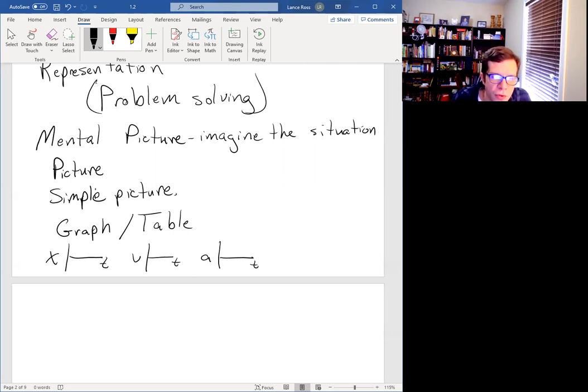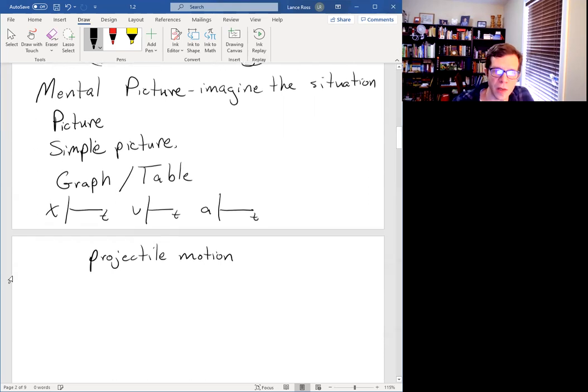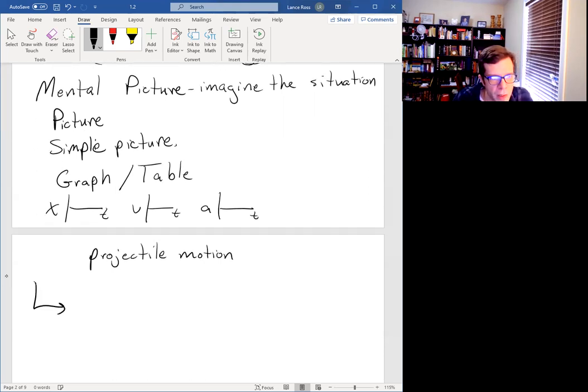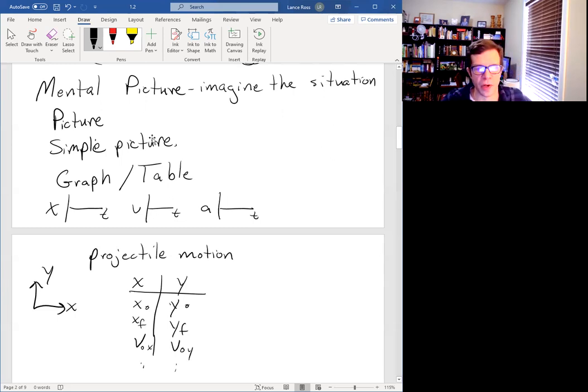When we do projectile motion, we're going to have something moving in 2 dimensions, right? So we may consider an XY coordinate system, and you might use a table to sort variables in the X and in the Y so that you don't get them mixed up. Etc. We'll talk about that when we get to projectile motion. Just an idea of using a table there.